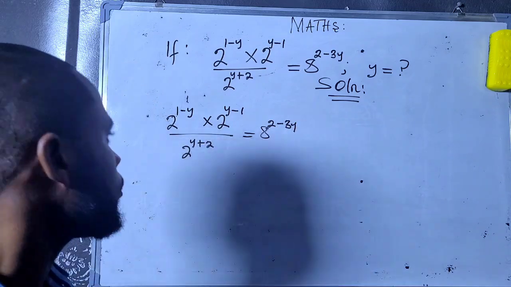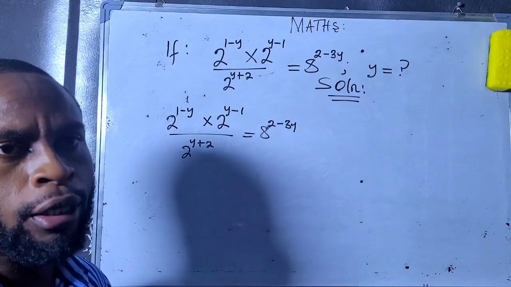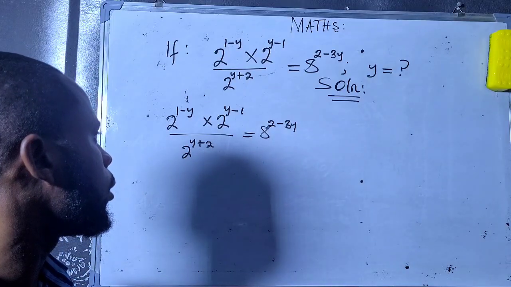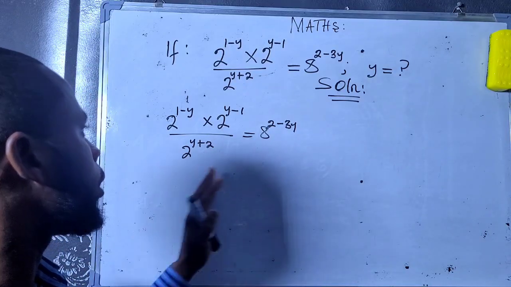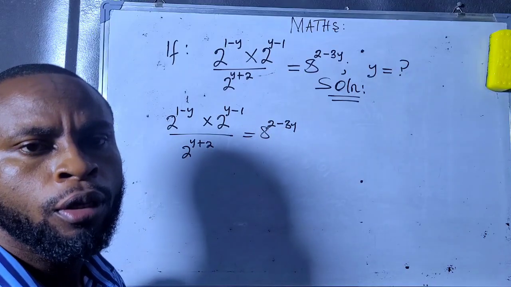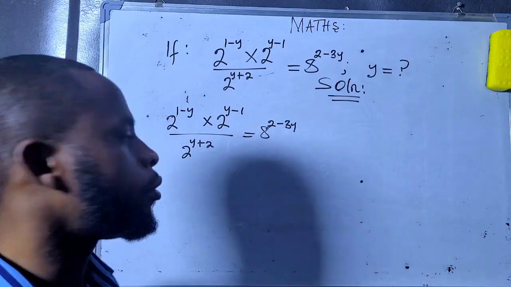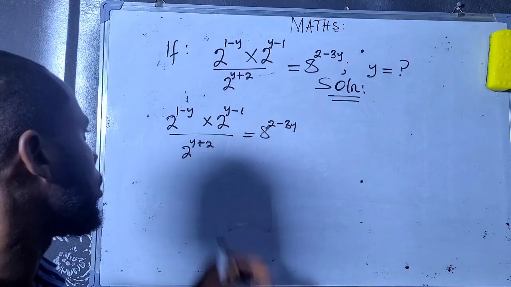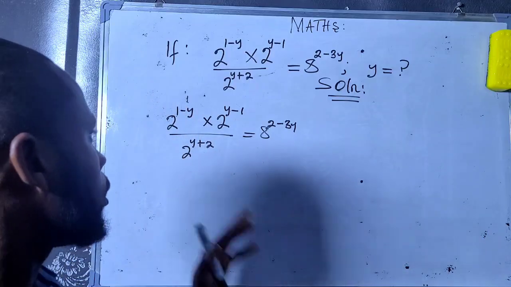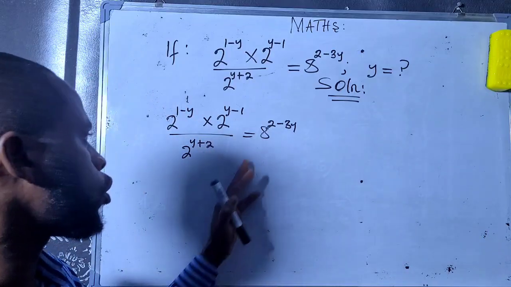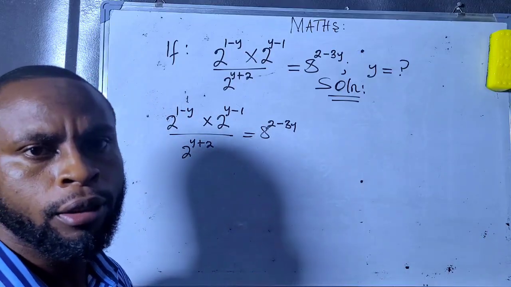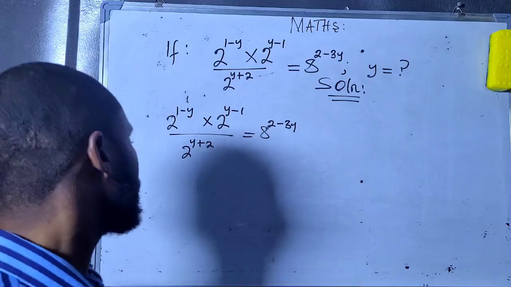The first step to be considered here is for us to express both sides of the equation on the same base. The left-hand side has been expressed in base 2, as such we need to express the right-hand side also in base 2.